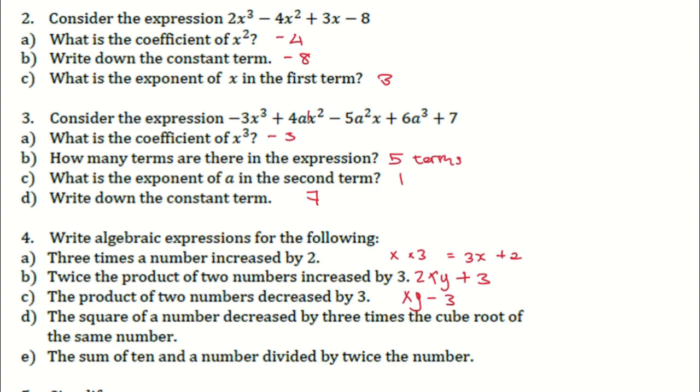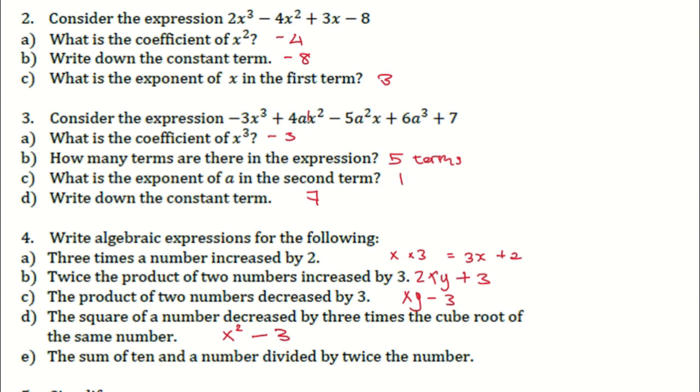Now they ask us the square of a number decreased by 3 times the cube root of the same number. So the square, let's use x. x is going to be squared, no? And then what is going to happen? Decreased by. So we're going to subtract something, and then we are going to multiply that by 3.